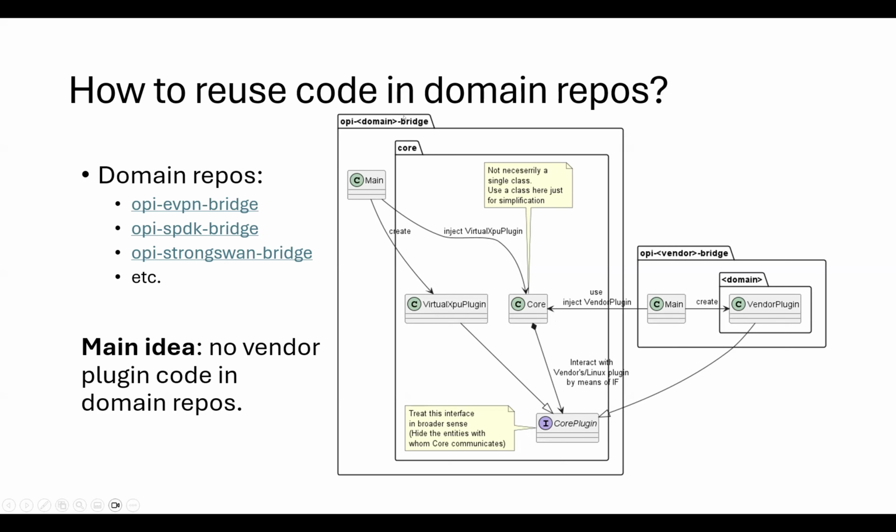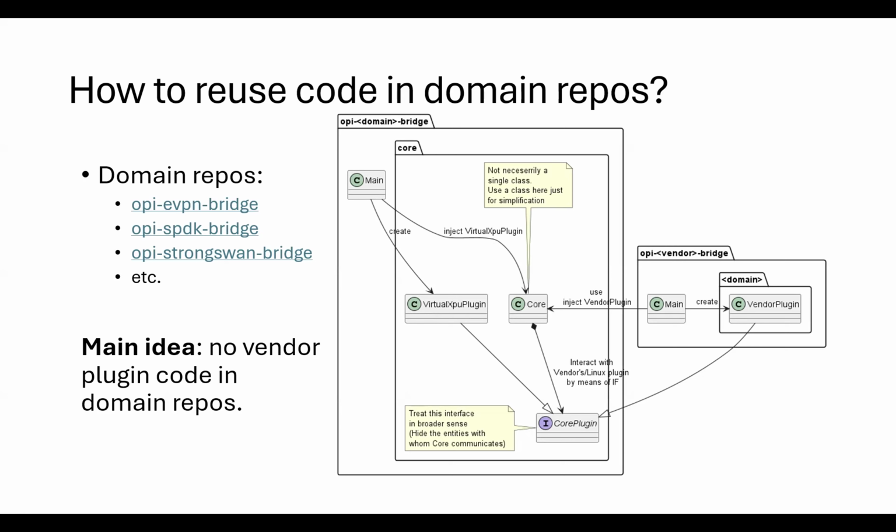And as you can see, for the main plugin, main is responsible for getting all the pieces together and running. For vendor bridge, we also have main, which is responsible for fetching the core component, injecting the right plugin, and running the whole system. It is just an example.